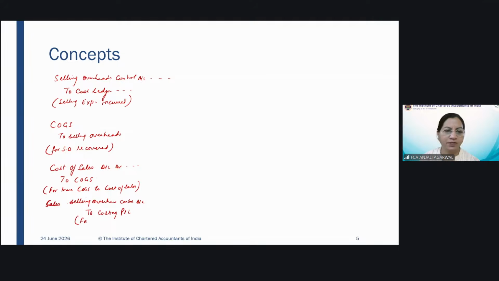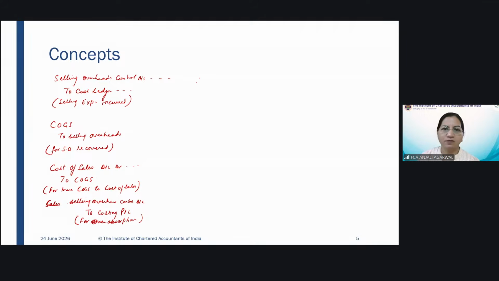For over absorption, transferred to costing P&L account. If it was under absorbed, costing profit and loss account debit to selling overheads.